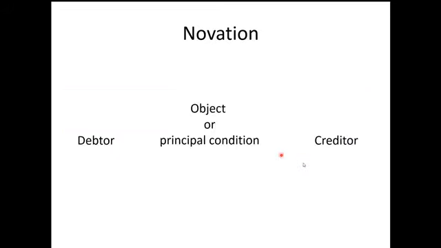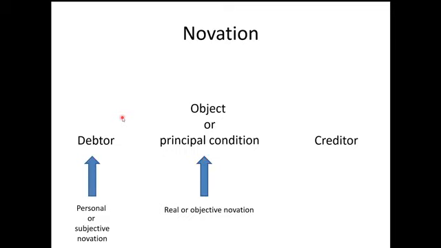Okay, tingnan nyo to. Ito yung debtor, ito yung creditor. Okay? Ito yung object or principal condition. Pag pinalitan nyo yung object or principal condition, real or objective novation. Pero pag pinalitan ko yung debtor, or pinalitan ko yung creditor, ang tawag dyan, personal novation.